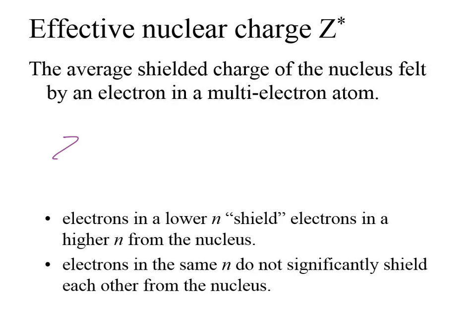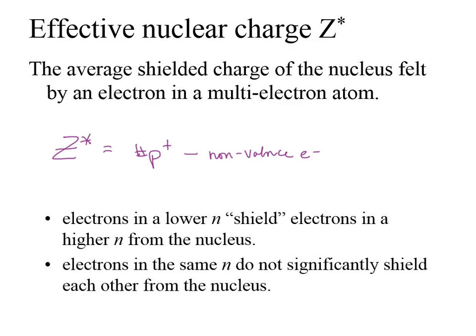What you do to calculate effective nuclear charge is you take the number of protons in the nucleus, and from that, you subtract the non-valence electrons.